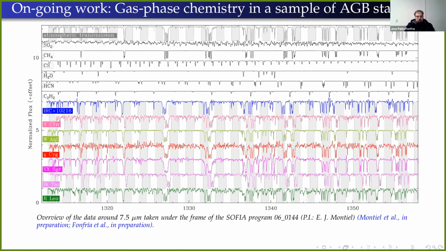The spectrum of Leo shows a clear complex band that covers the whole observed spectral range, and belongs to SO2. Nearly the same pattern can be seen in the spectrum of Key Cygni, that is this one. You can see this high number of small peaks, that is actually a band.